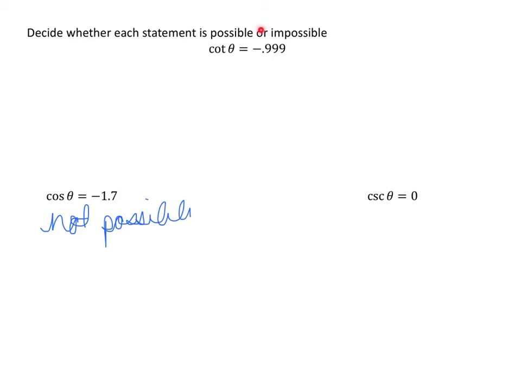So for the first one here with cotangent, that one is possible. And then finally, when it comes to cosecant and secant, those are the inverses of sine and cosine. So secant and cosecant are not possible in the places where sine and cosine are possible. You can have a sine value that's equal to 0, which means you cannot have a cosecant equal to 0. This one's impossible.